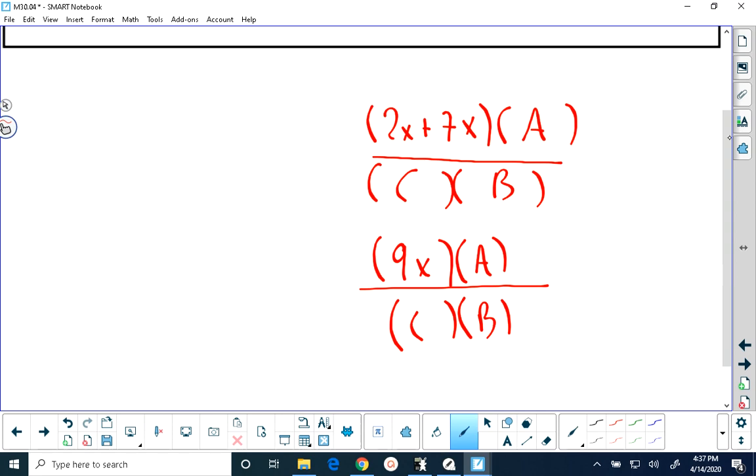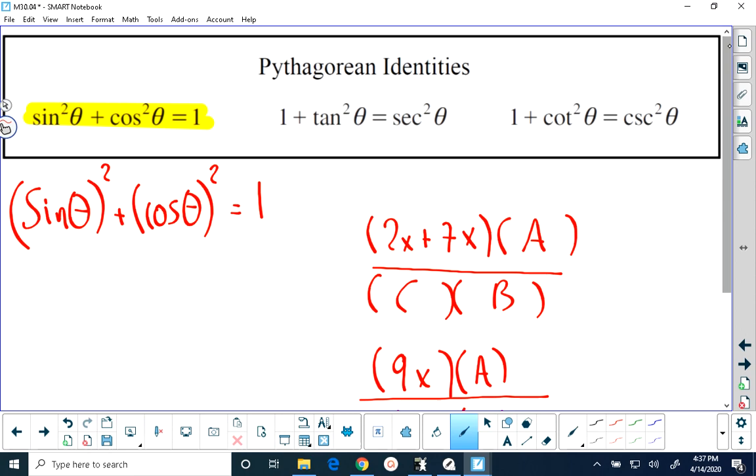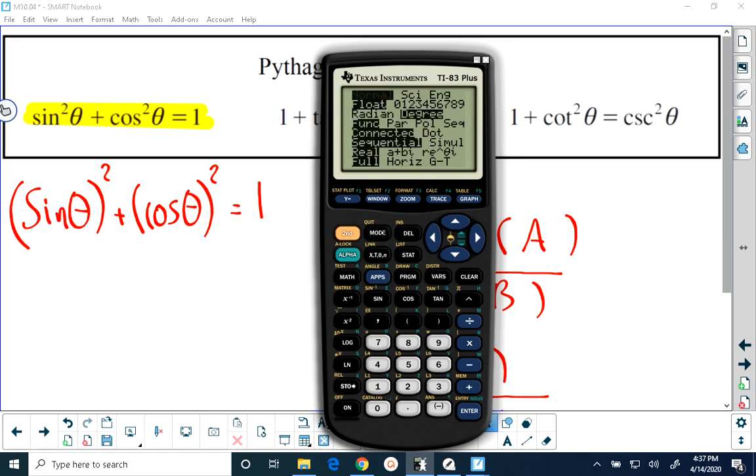So, getting back to the identity, sine squared of an angle plus cos squared of an angle gives you 1. Don't forget that what sine squared means is sine of theta quantity squared. So that's what that identity means. Now, if I pick an angle, and we'll try it this time in radians, again, I'm just flipping back and forth here to show you that the identities work in either mode.